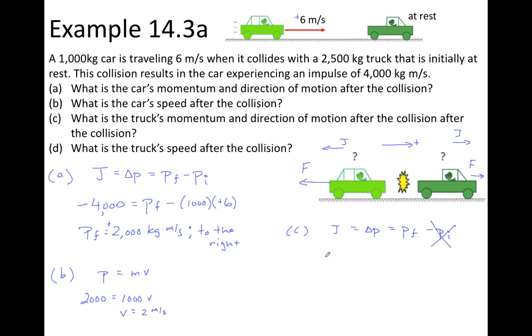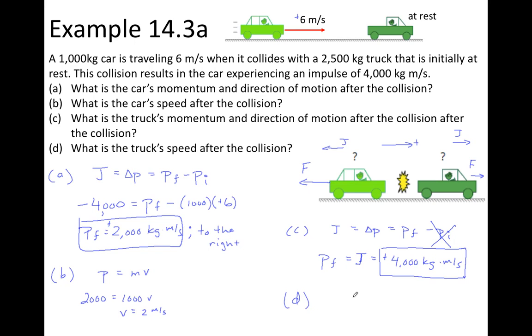So the final momentum is equal to the impulse that the truck experiences, and the truck experiences an impulse to the right, so positive, 4,000 kilogram meters per second. This number and this number are going to be important later in this example, so keep these numbers in mind. The truck ends with 4,000 and the car ends with 2,000.